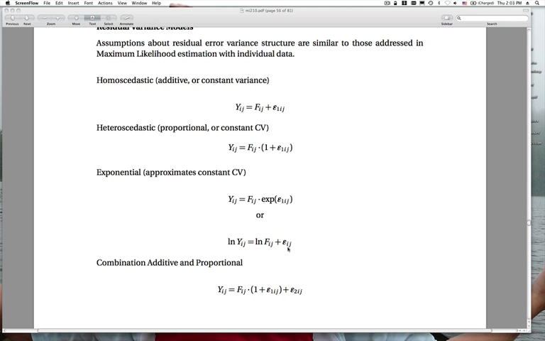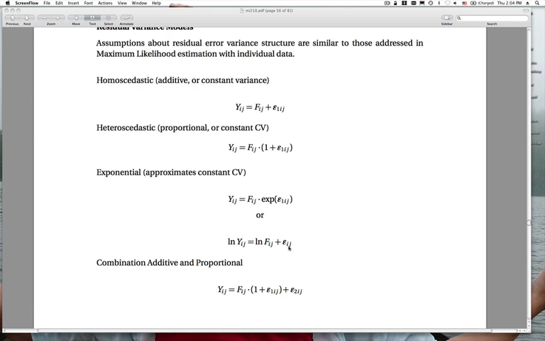So again, we're modeling a log normal residual error. Mathematically, these appear to be equivalent, but because of the way the likelihood approximations are made in some of the classic methods in NONMEM, this first expression really doesn't give you a full exponential. In order to achieve that, you need to use the log transformed expression. I'll explain why in a few minutes.